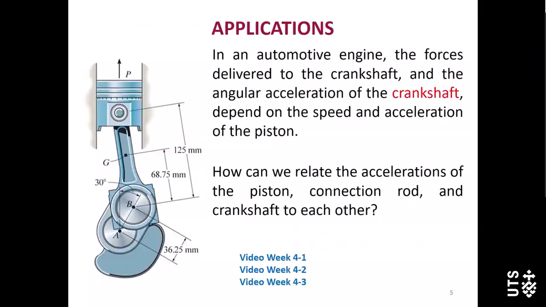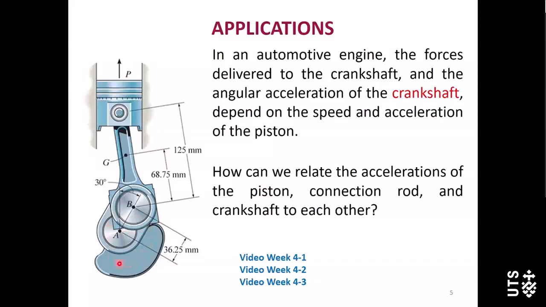Now let's look at a mechanism. This mechanism is applied in an automotive engine. And here you can see a piston and you can see a connecting rod, and here there is a crankshaft.